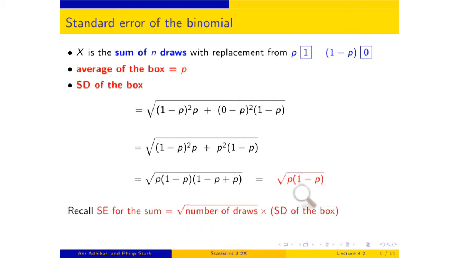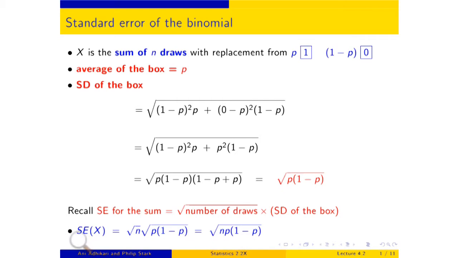Well, we just found the SD of the box, and the number of draws is n. And so the standard error of your binomial variable, which is the standard error of the sum of the draws, is root number of draws times the SD of the box. And you've got the square root of a times the square root of b, that's the square root of a times b.